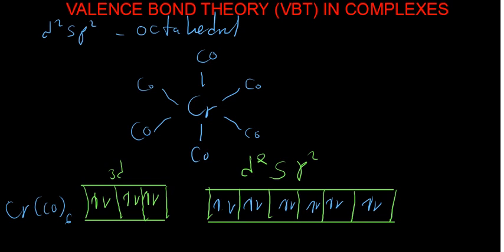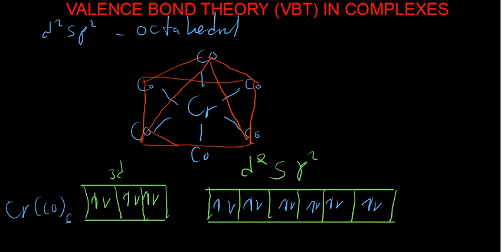So this is going to form something like this, and then to the central metal, like that. So this shape is what we call an octahedral shape.